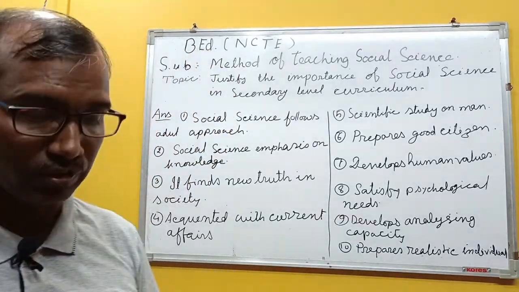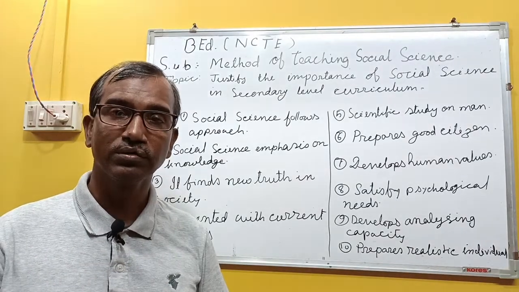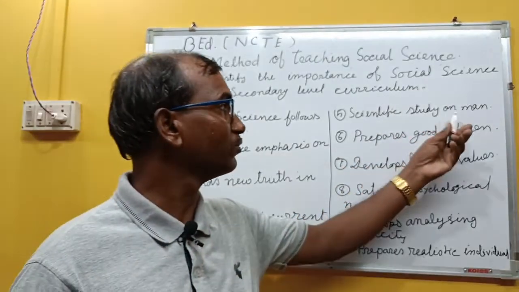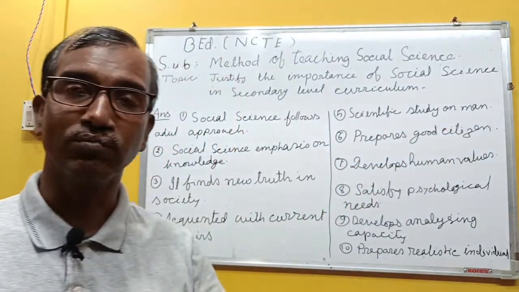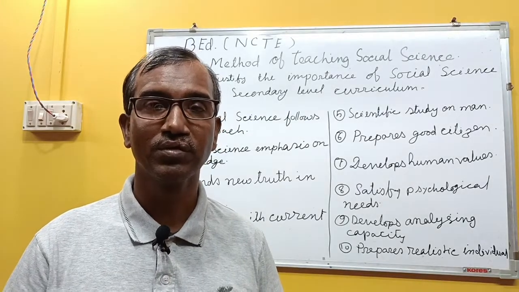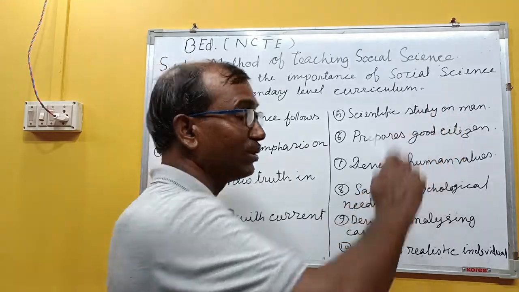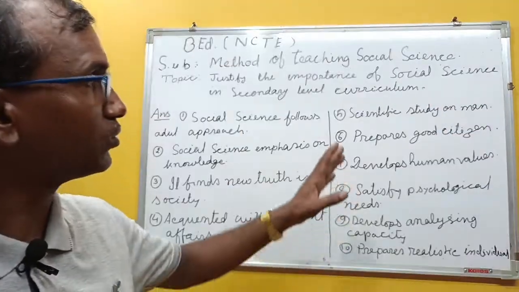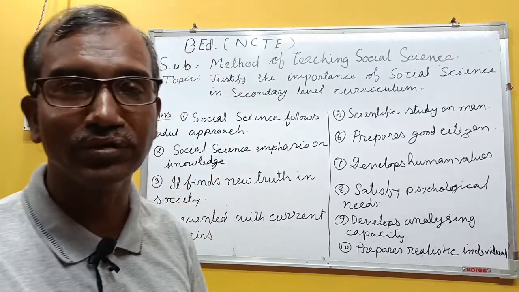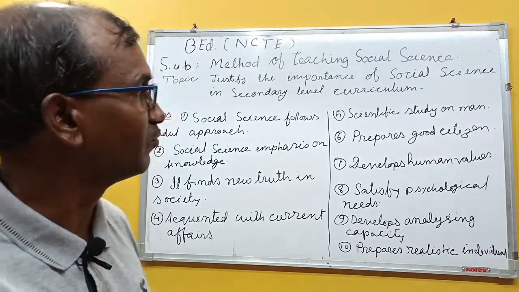In the same way, human relation, humanity, human value, all these are also included in the study of political science, economics, civics. So scientific study on man's behavior is also included in social science. So why should it not be included in the curriculum of secondary level?